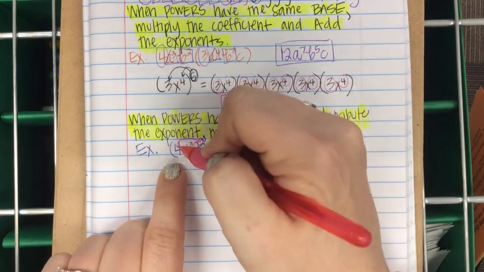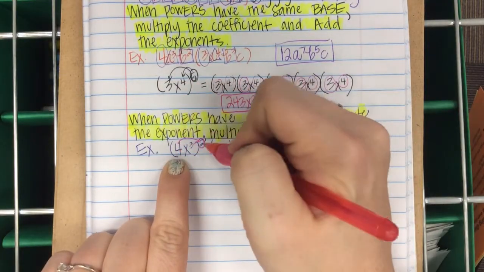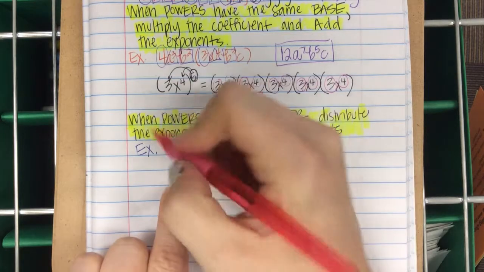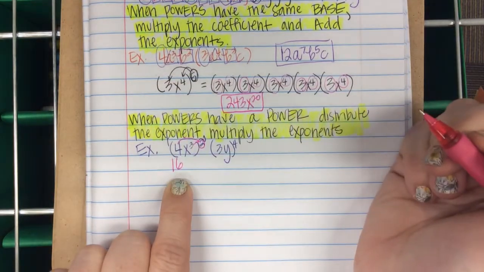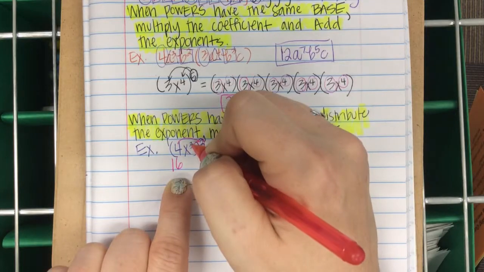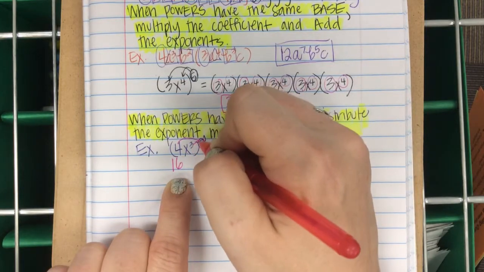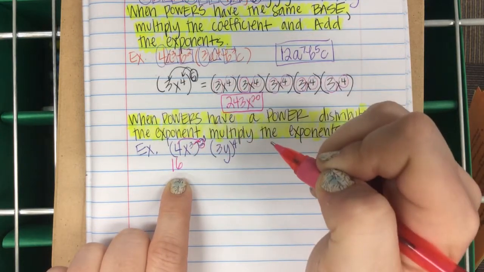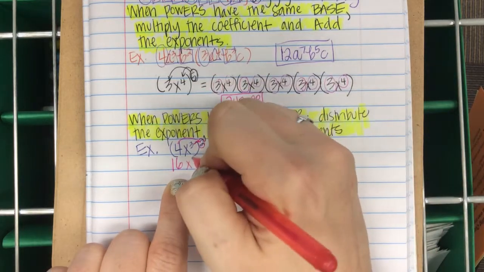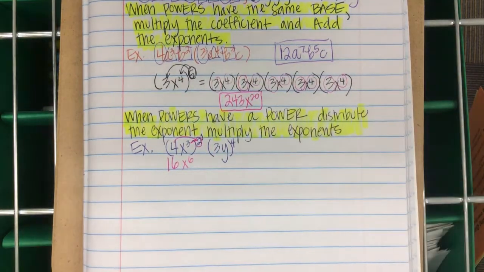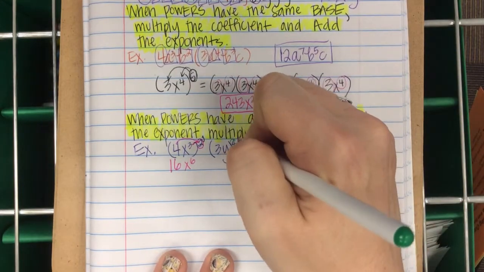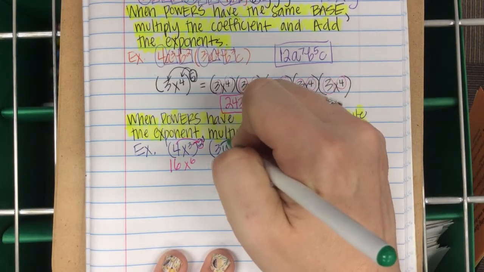So what's 4, my coefficient, squared? 16. And x to the third squared, I'm going to multiply: x to the sixth. Then I'm going to do the next part, which is 4 to the third.